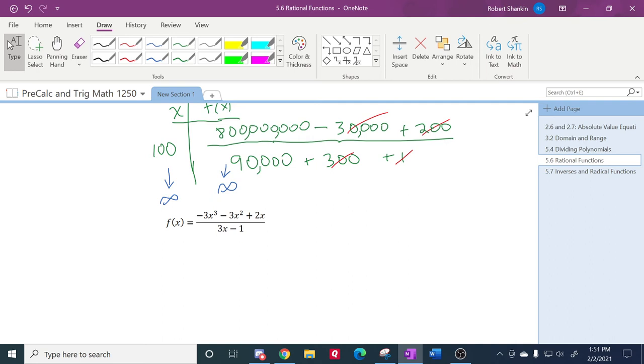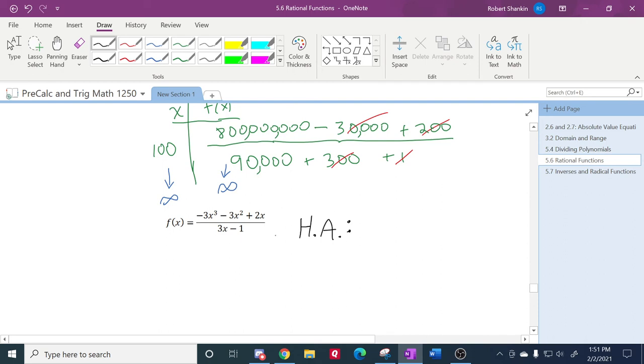Okay, group 3, what do you have for this? What's the horizontal asymptote here? I'm not sure about it. I didn't see any other feedback in my group. No feedback yet on this one? Okay. Let me go to group 1.